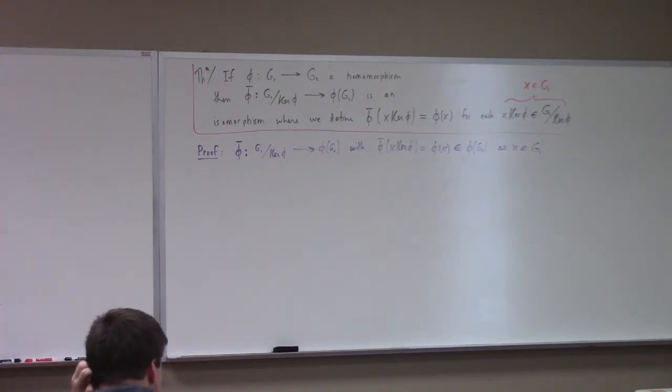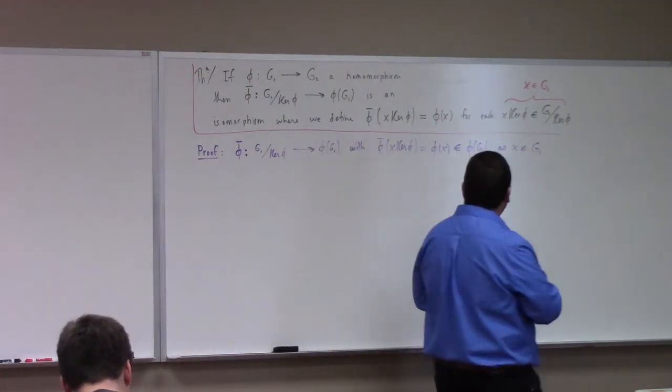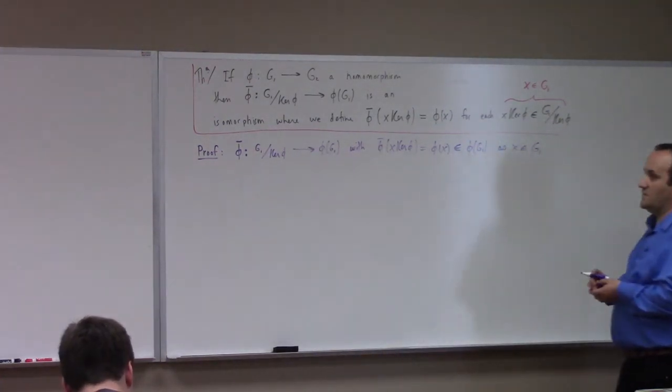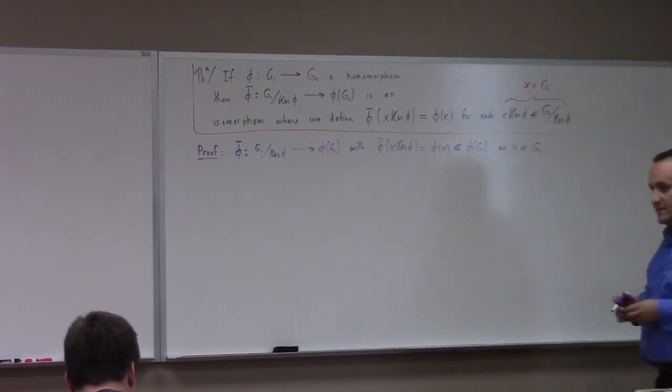And is it well defined? That's something that's not obvious. We're defining a function on a coset space. To show it's well defined, I should show that the function's single valued. So what should I do to prove that it's actually a function?